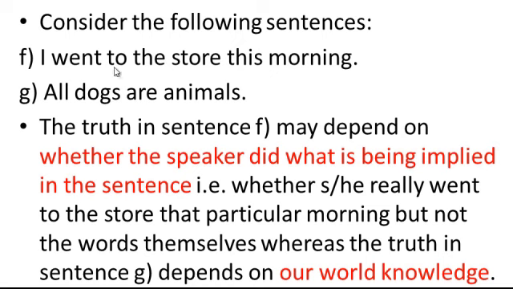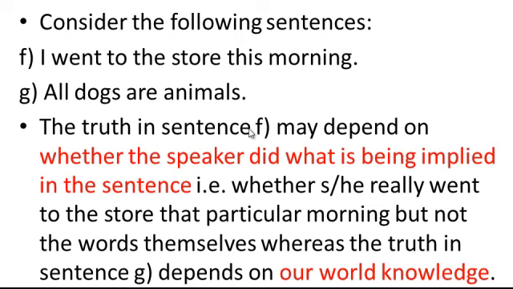So for us to know more about I went to the store this morning, you may want to ask yourself, did this individual indeed go to the store this morning? Is there any truth behind this sentence? And then going to sentence G, all dogs are animals, we may have to use our word knowledge in order to know whether all dogs are animals.